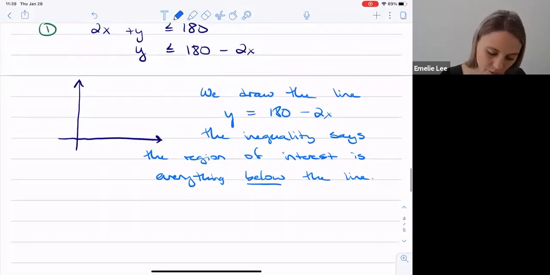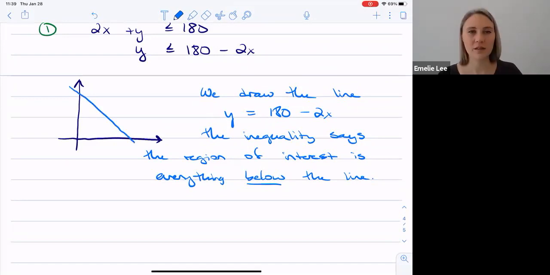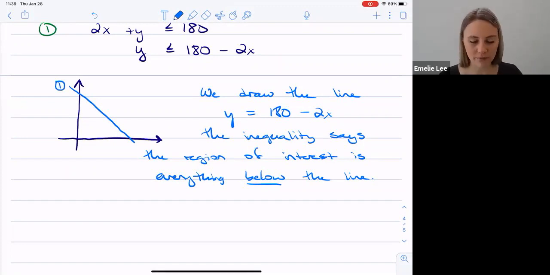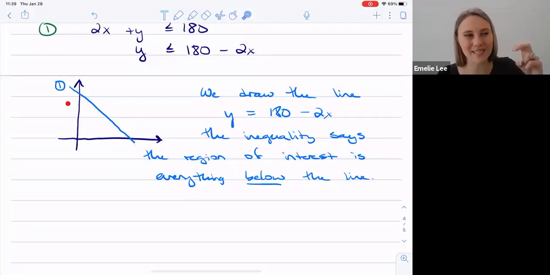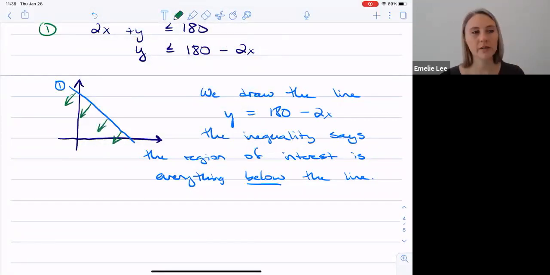This is my line 1. Everything I'm interested in is below this line, so everything on this side of the line. This would be considered above the line. So that's the area that I'm interested in.